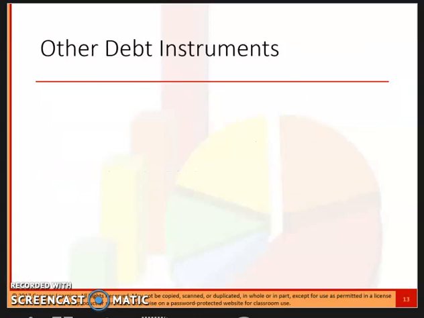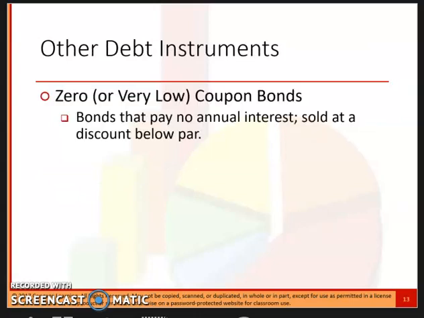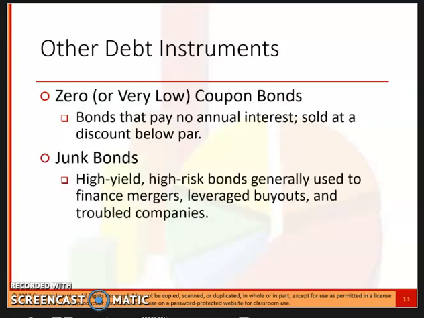So, other debt instruments: zero coupon bonds pay no annual interest, and they are sold at a deep discount to par. Junk bonds are high yield or high risk bonds generally used to finance mergers and acquisitions, leveraged buyouts, troubled companies.